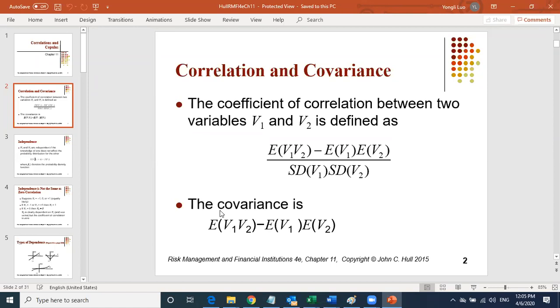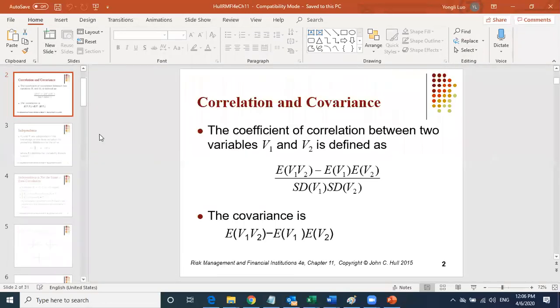The covariance measures the relationship between these two variables. Then we take the square root of the covariance, and that is called correlation. So how do you get a correlation?